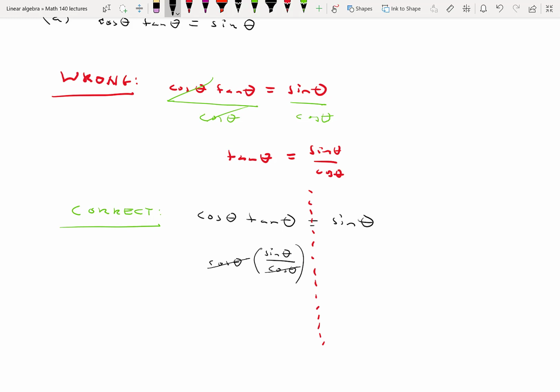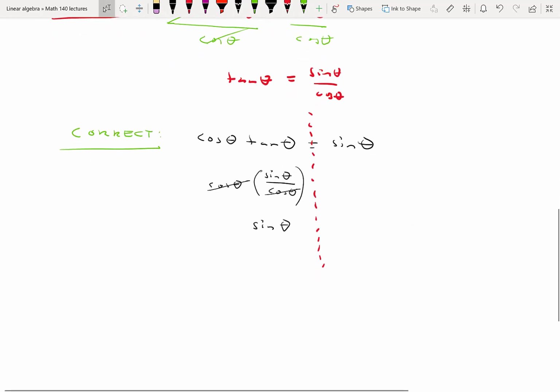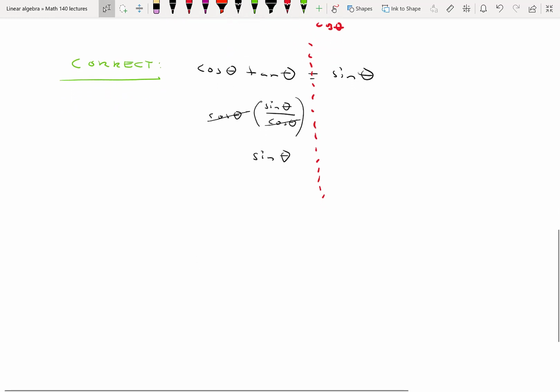Cosine of theta cancels out. You get sine of theta. It's exactly what's on the right-hand side of this equation, and we never messed with the other side. We left it completely alone. This is considered establishing. So to establish identities, you pick one side of the identity and try to make it equal to the other side, independent of working on the other side. You work only on one side.